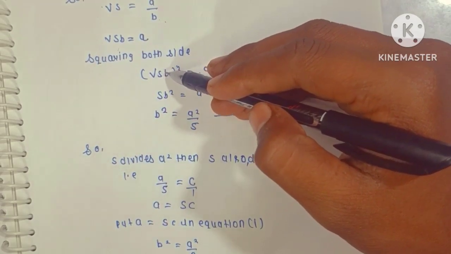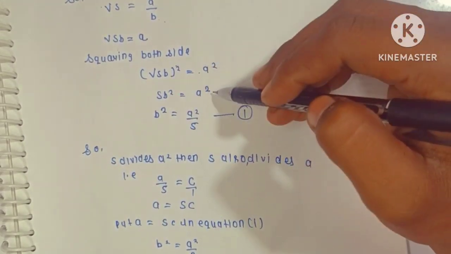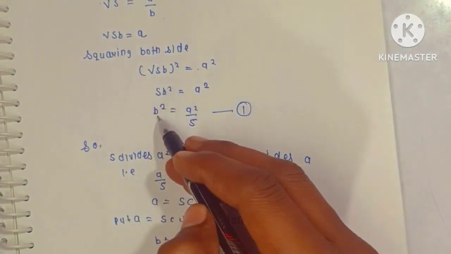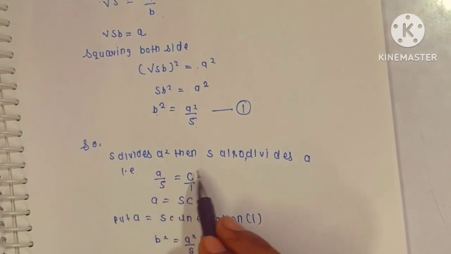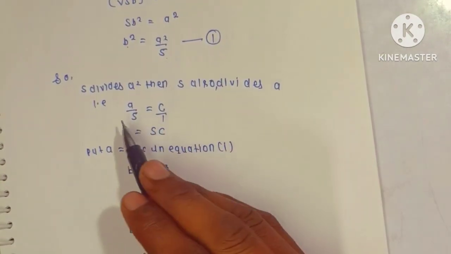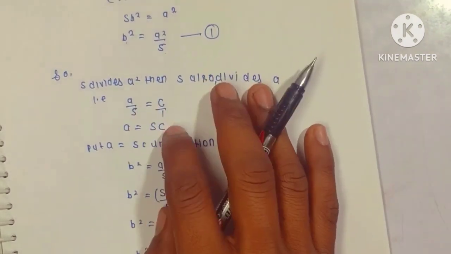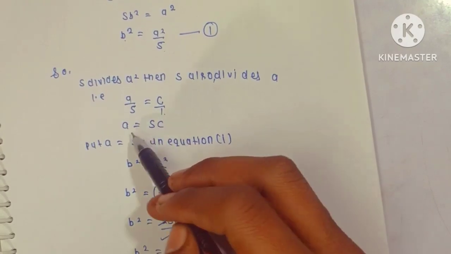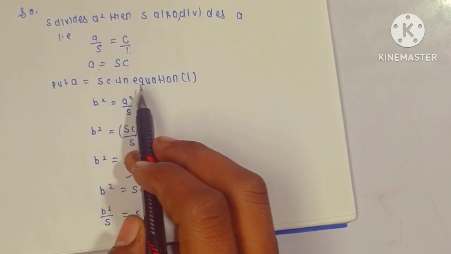Root 5 cancels, so 5b square is equal to a square. b square is equal to a square upon 5, equation number 1. So 5 divides a square, then 5 also divides a. It means a upon 5 is equal to c, so a is equal to 5c.